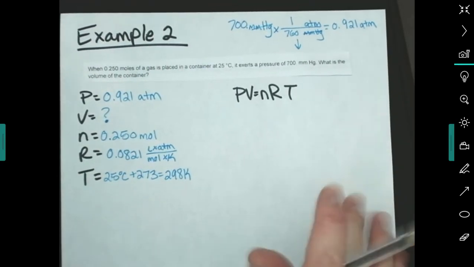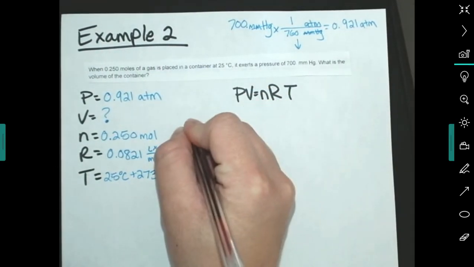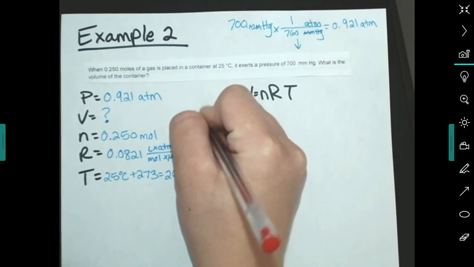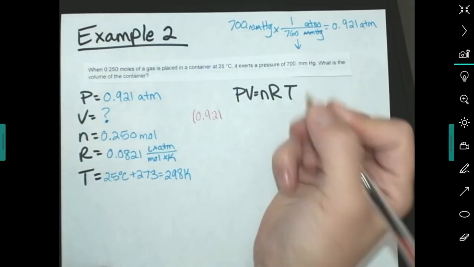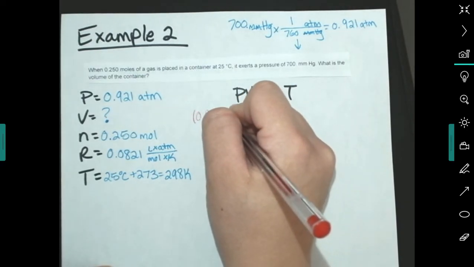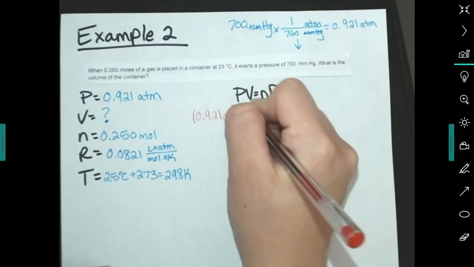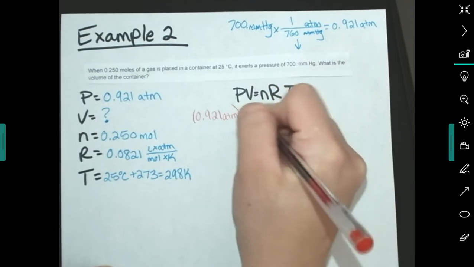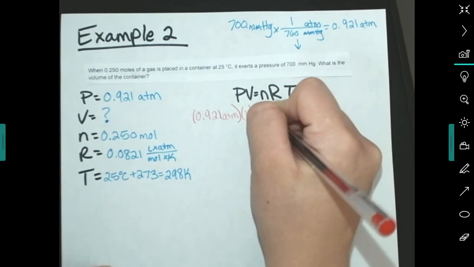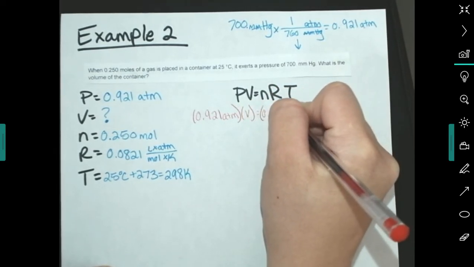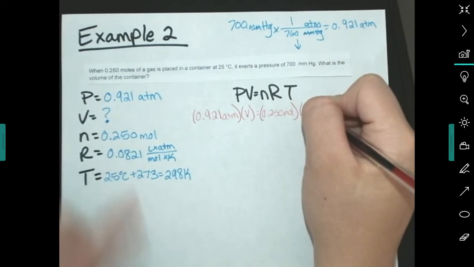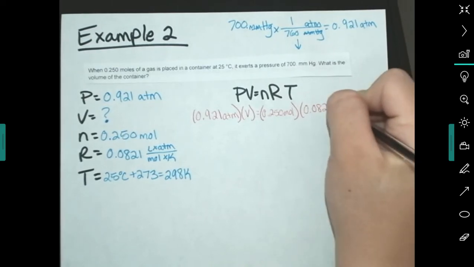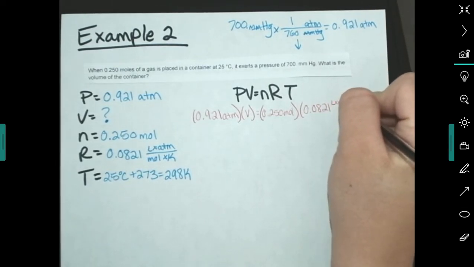Okay, so P, 0.921. So P times V, my unknown, equals n, which is my moles, times R, which is my 0.0821 liters times atmospheres over moles times Kelvin.